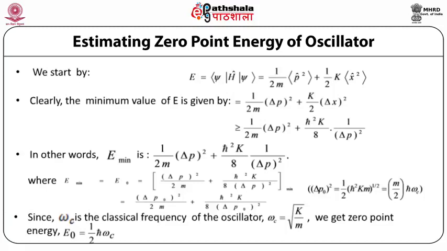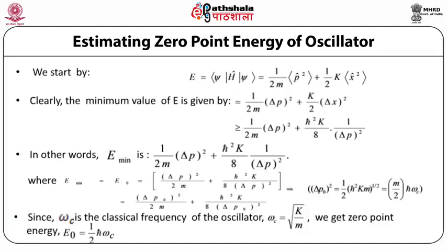where E minimum, equal to E0, is the zero point energy of the oscillator, and this can further be written as delta p square by 2m plus h cross square k by 8 times delta p square minimum, where the expectation value of the square of the operator x has been written in terms of delta p square.